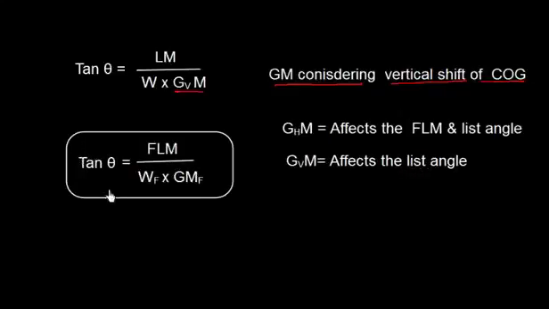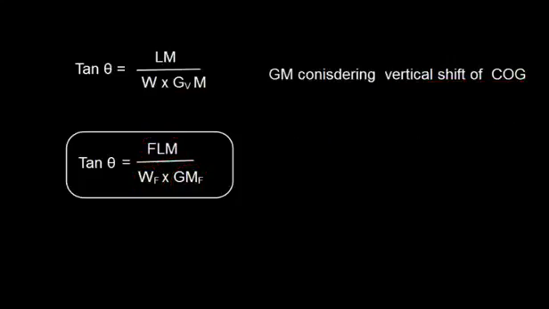So we can find tan theta like this. Tan theta will be final list moment divided by WF into GMF, and for the sake of clarity I have taken list moment as final list moment, W as WF, final, and GM also as GMF, final.